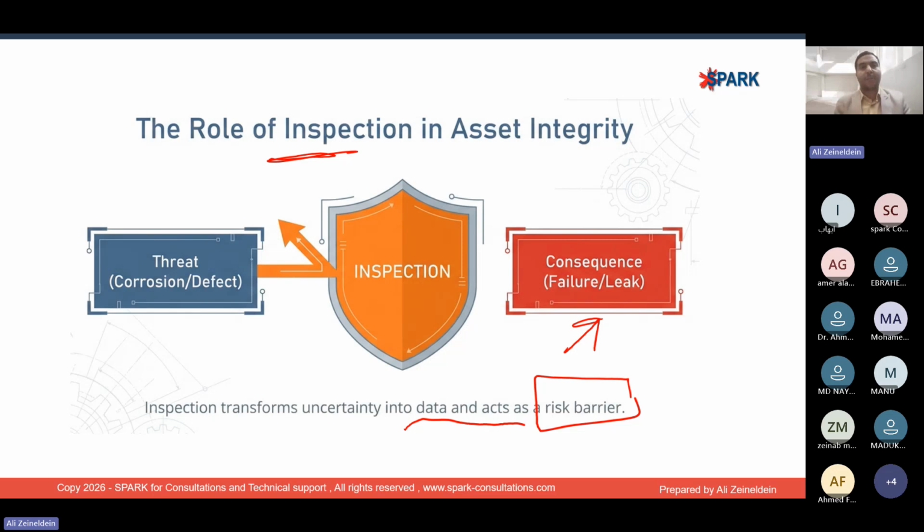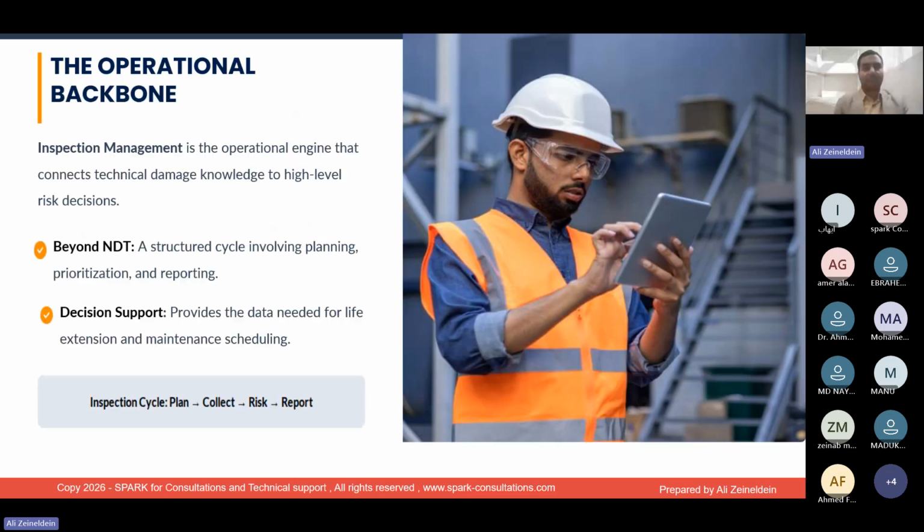The operational backbone is the NDT team and decision support. Here we are talking about inspection management. Inspection management is the operational engine that connects technical damage mechanism knowledge to high-level risk decisions.